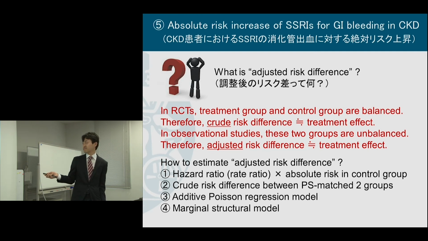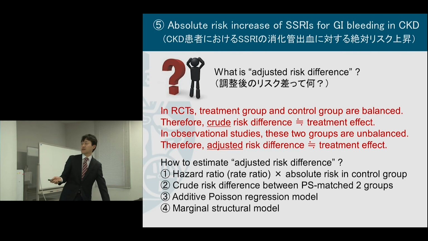But in my study, this was not useful because to use propensity score matching, you have to calculate the propensity score at one single point. But in my study, one patient could have both periods with and without SSRI. So calculating propensity score every time for individual patients was difficult, not realistic.